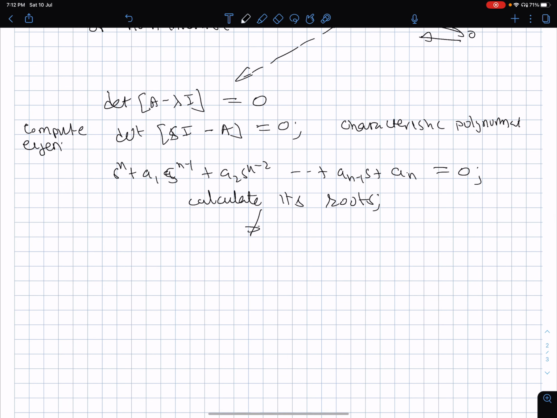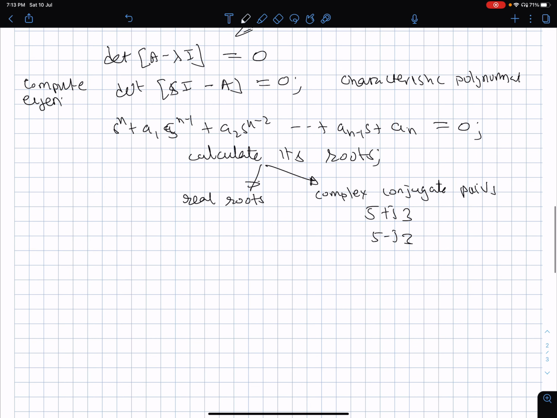Because this characteristic polynomial is an nth degree polynomial with real coefficients, you will have either real roots or roots that appear as complex conjugate pairs, which means that if 5 plus j3 is a root, 5 minus j3 will also be another root. It will never happen that you have just a root of 5 plus j3 and not the other, because then if you evaluate back this polynomial, it would turn out to be a complex polynomial and not a real polynomial.